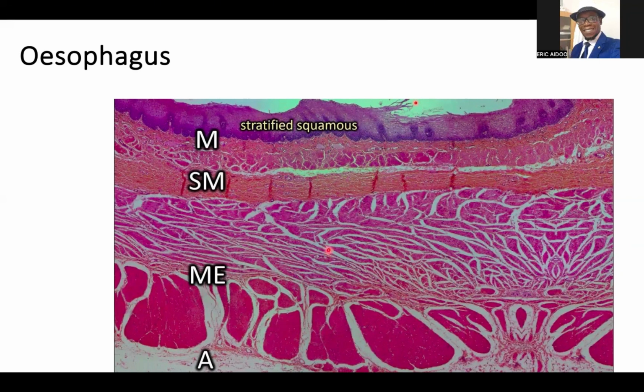Those in the inner circular are running circularly, and those in the outer longitudinal are running longitudinally. So when you cut them vertically, as this is done, you are not going to see them running at the same angle or direction.